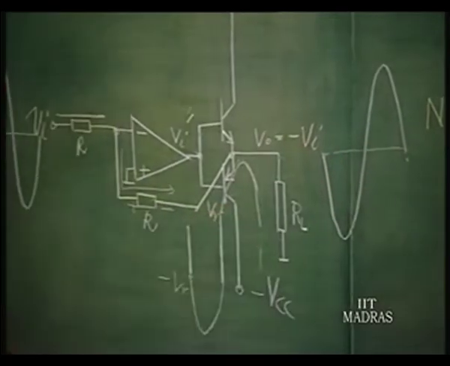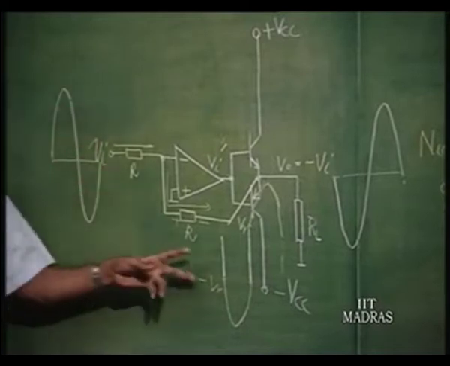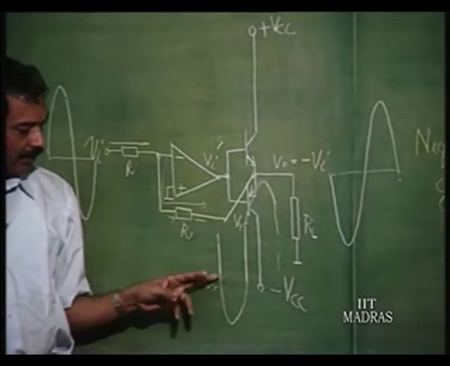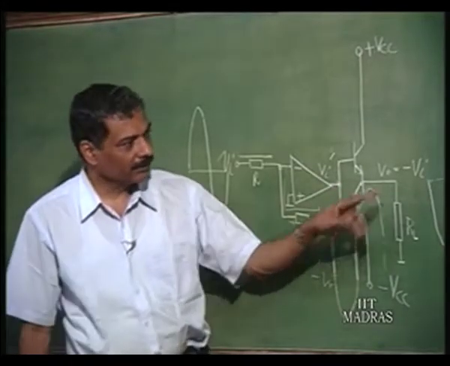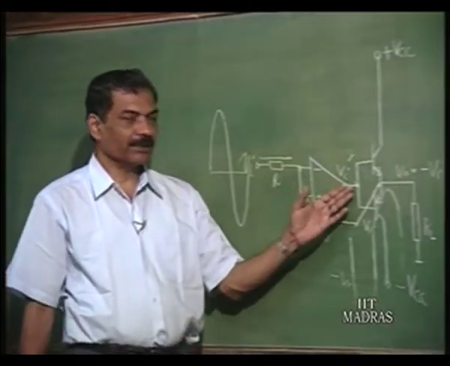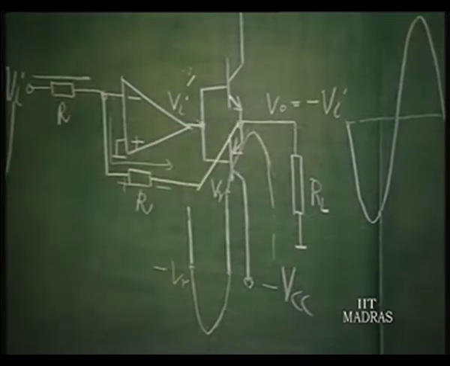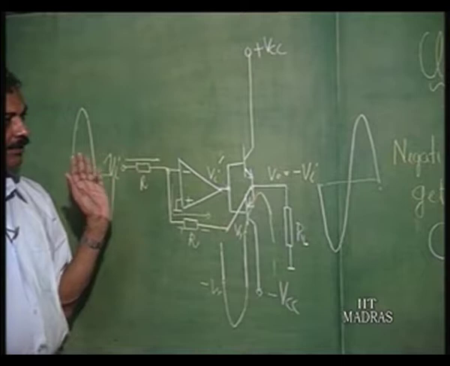So, even if this voltage is of the order of hundreds of millivolts peak, even though this is going to be of the order of 0.6 to 0.7, that hundreds of millivolts peak will be superimposed over this in this manner. This is what is called pre-distorted drive for this, so that the output is going to follow the input, as though the negative feedback is all the time there.